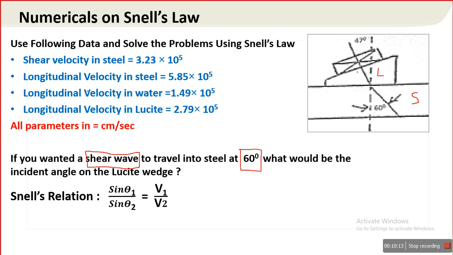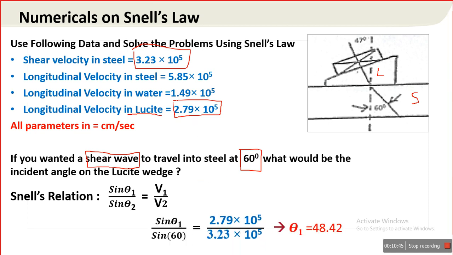So we need to consider the longitudinal velocity of lucite. We need to consider these two values, this is the first and this is the second. In the given values, multiple velocities are given. It may confuse us while selecting V1 and V2. So according to the requirement of the wave which is transmitted into the second material, we need to consider the velocities.